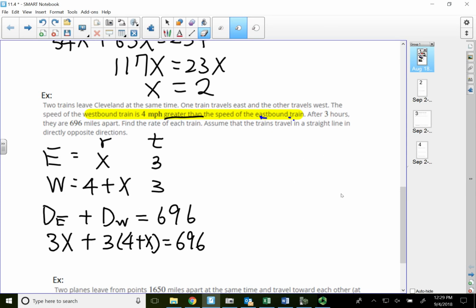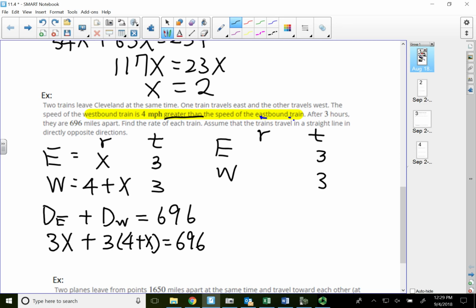Now, if I want to use two different variables, let's take a look. Two variables, I still need my distance concept. My second equation, or another equation, got to be about this translation. So let's say eastbound train, westbound train. I got speed and I got time. I know the time is 3 hours. So I don't know about their speed.